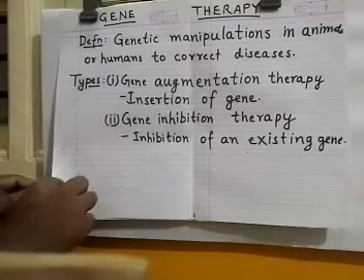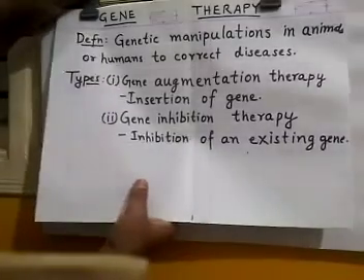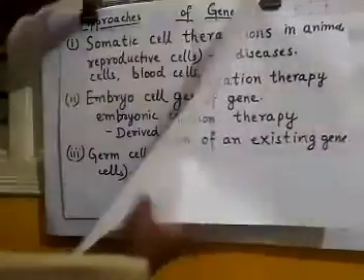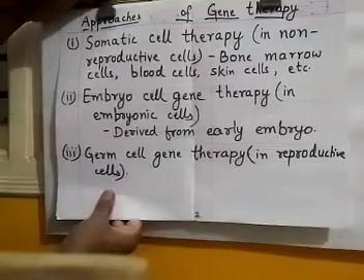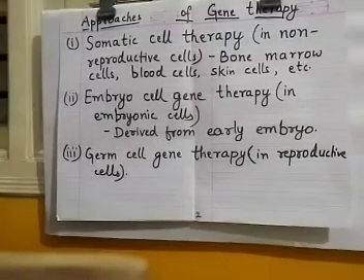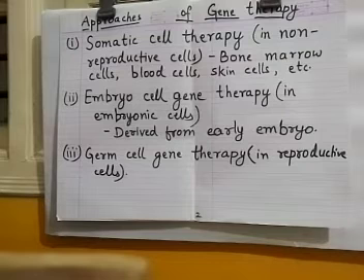Okay, then coming on to the next part. Approaches of gene therapy. There are three different approaches of gene therapy, namely somatic cell therapy, embryo cell gene therapy, and germ cell gene therapy.